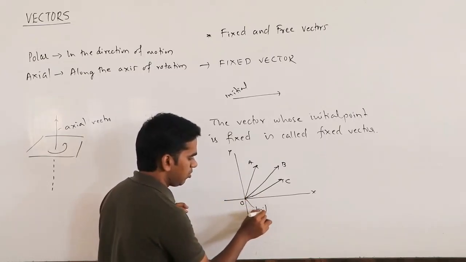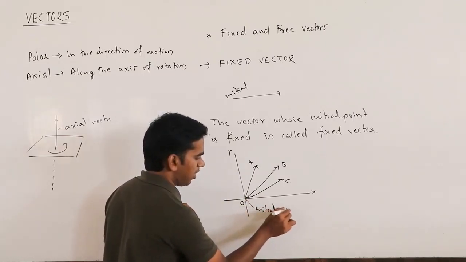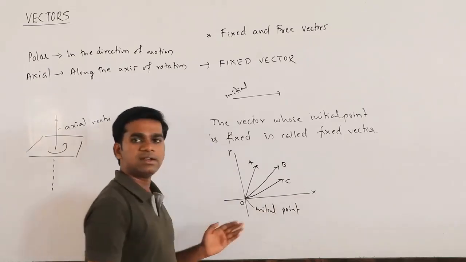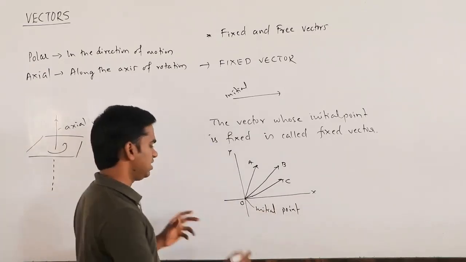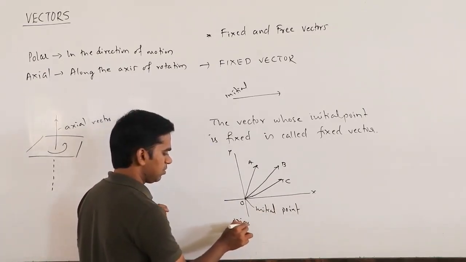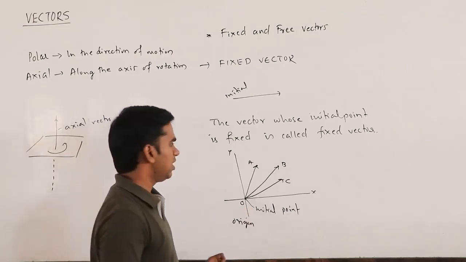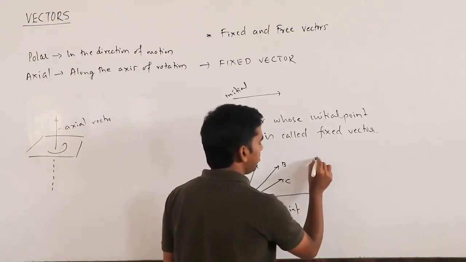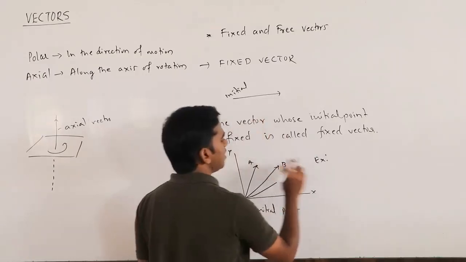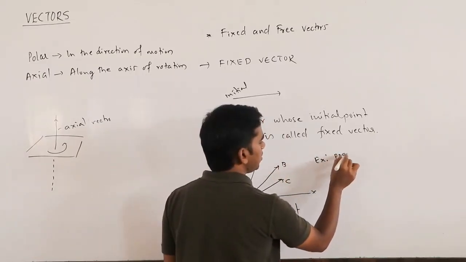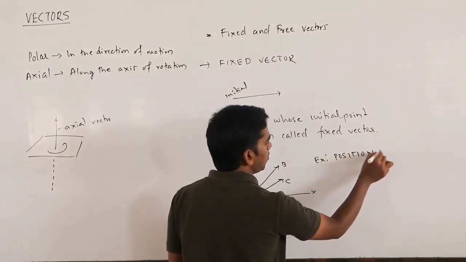They are not changing, it is fixed at the origin. So that is why you can take an example for a fixed vector: the position vector.